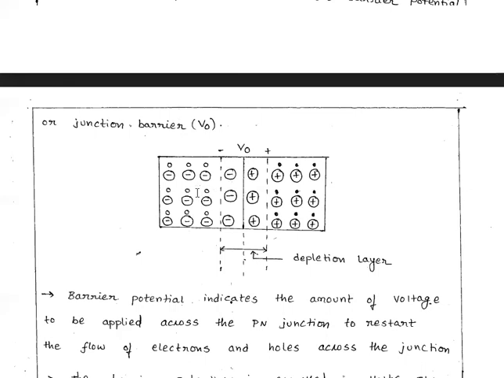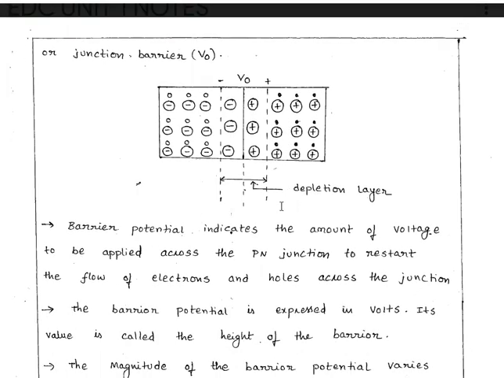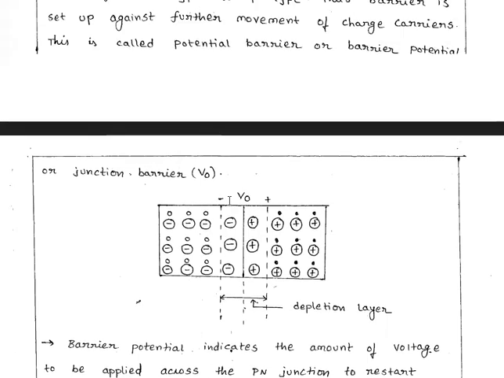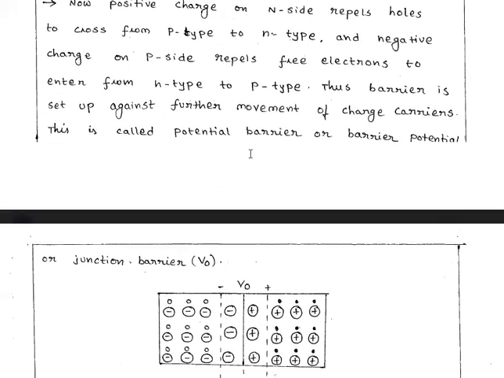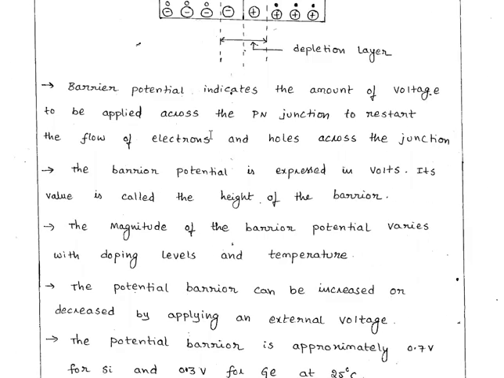So to cross this junction, any charge, either hole or electron, requires some voltage that is called junction voltage, or barrier voltage, or potential barrier.